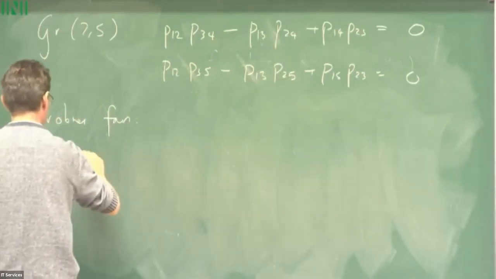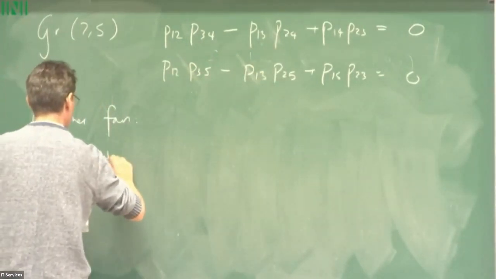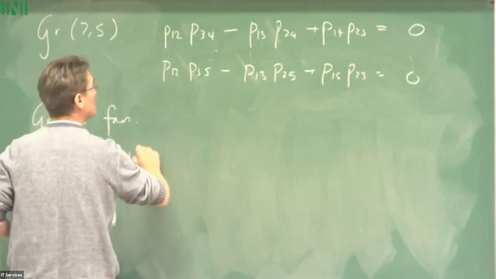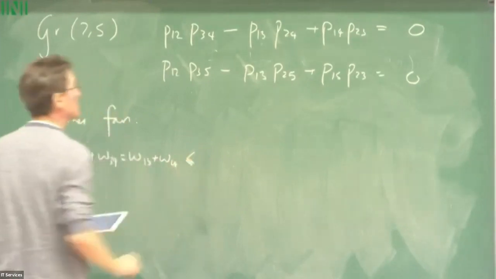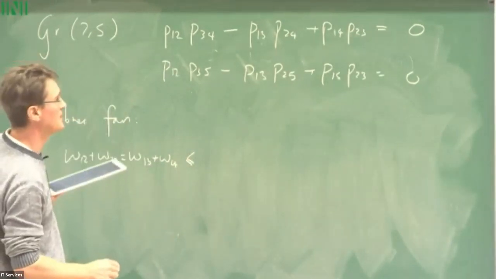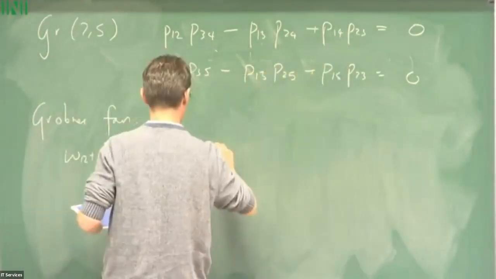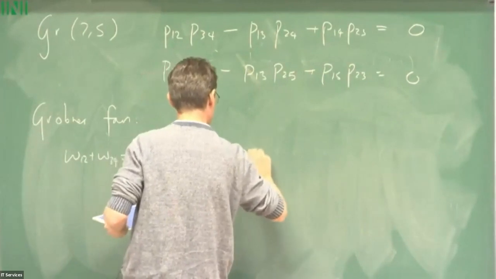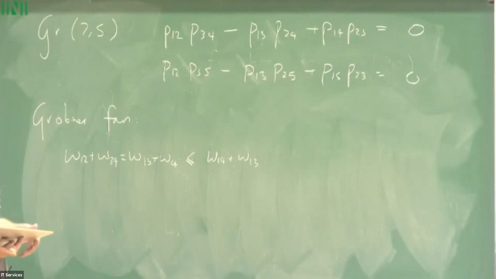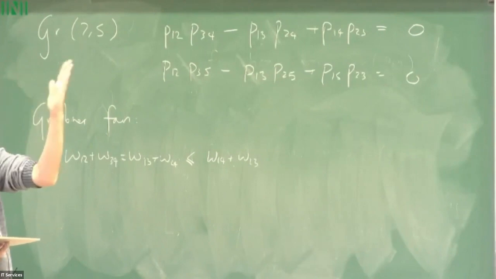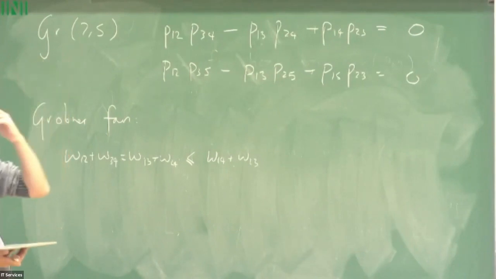So one possibility is W12 plus W34 equals W13 plus W24, and they're both less than or equal to the weight for this other term, because it's the leading term. That's one possibility of finding a junction between two Gröbner cones.